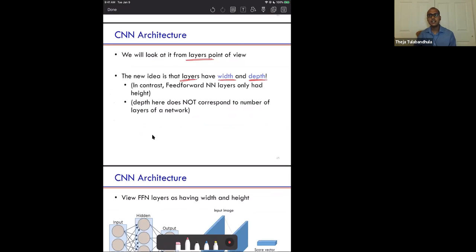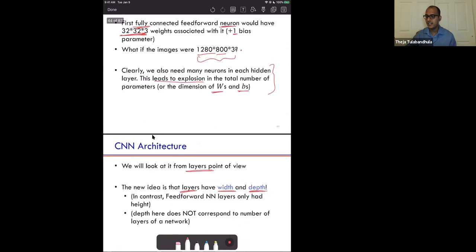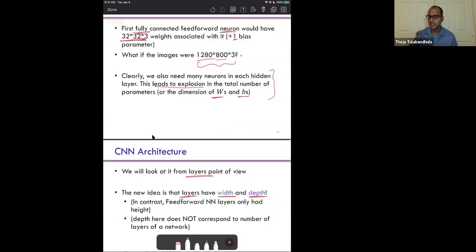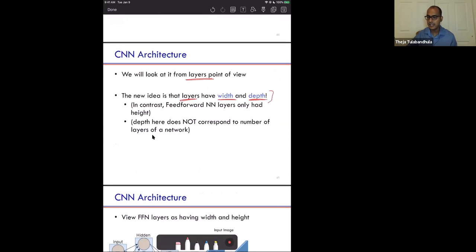Okay. So previously layers only had height. If you remember that plot, this is like the height of the layers. If I change the number of hidden circles here from 4 to 400, that's like a height, right? That just changes the number of hidden neurons. But we'll see that in the layer point of view, we'll also have a width and depth in each layer.